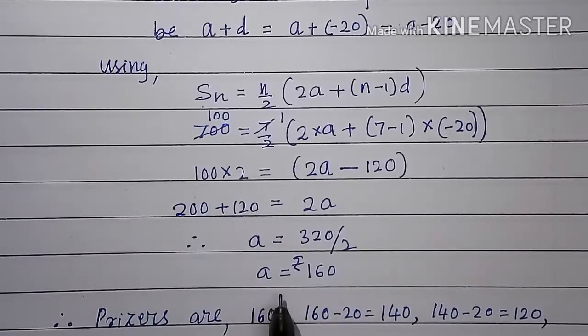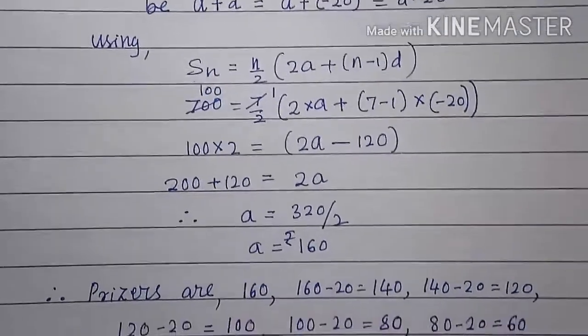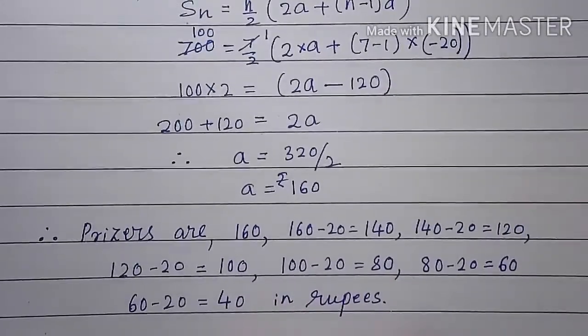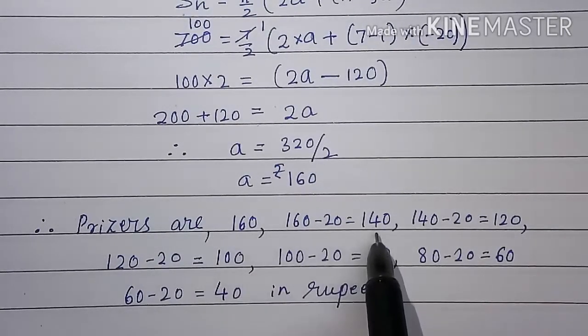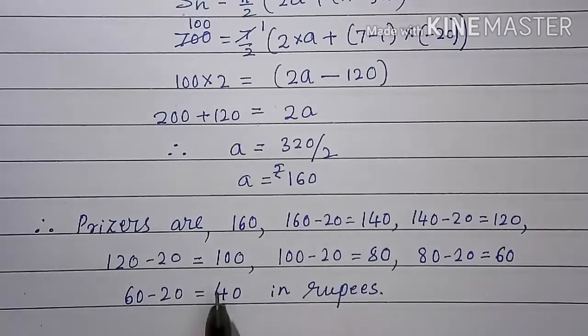So first term becomes 160, or the first cash prize becomes rupees 160. Now the remaining 6 prizes may be calculated by subtracting 20 from 160 and then subtracting 20 from 140 and so on. So all the 7 prizes are like this: 160, 140, 120, 100, 80, 60 and 40 in rupees.